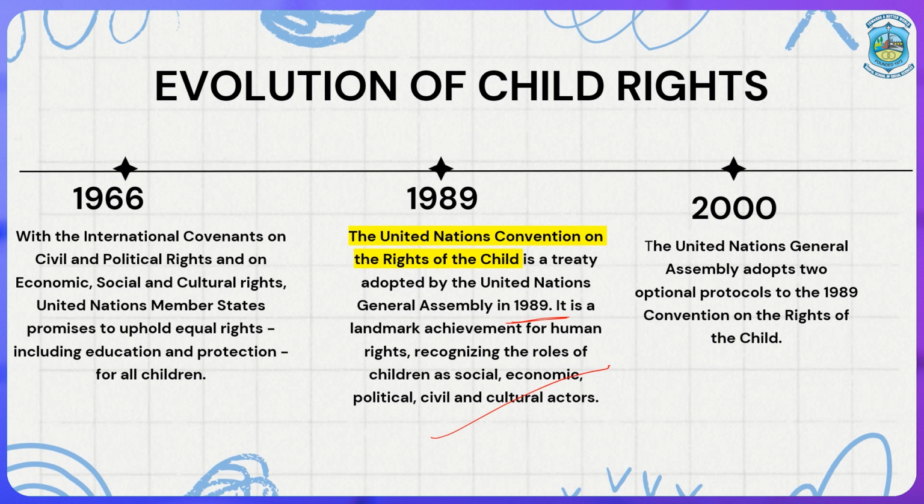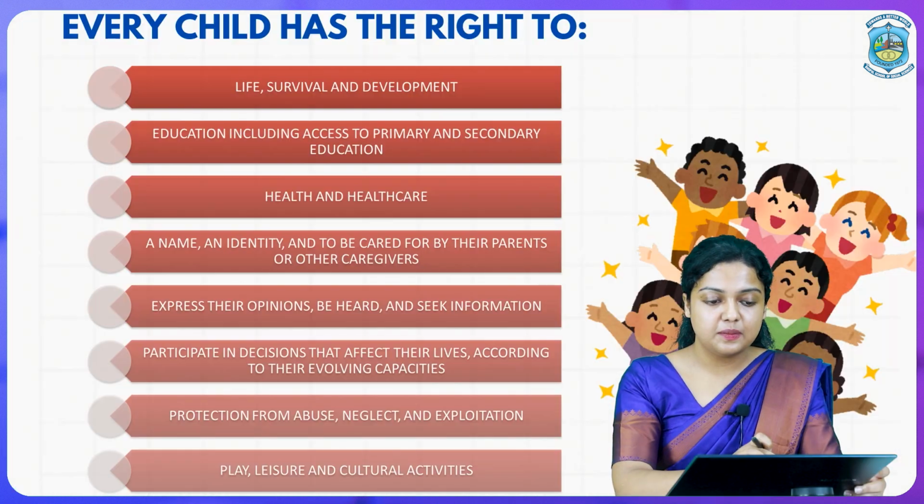So 1989 is the important year. Then 2 optional protocols were added to the UNCRC in the year 2000. Here the United Nations General Assembly adopts 2 optional protocols to the 1989 Convention on the Rights of the Child.